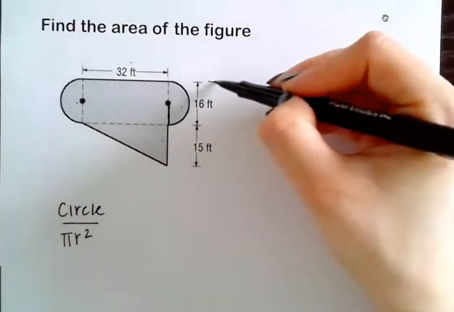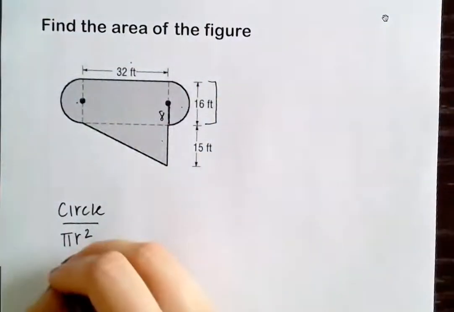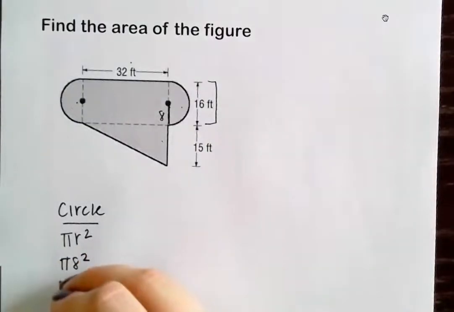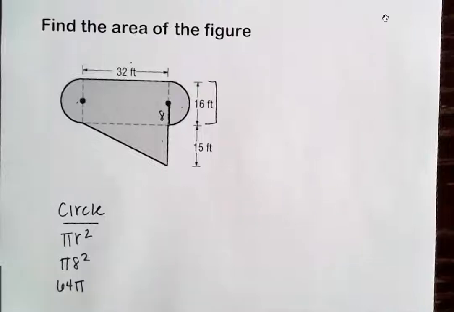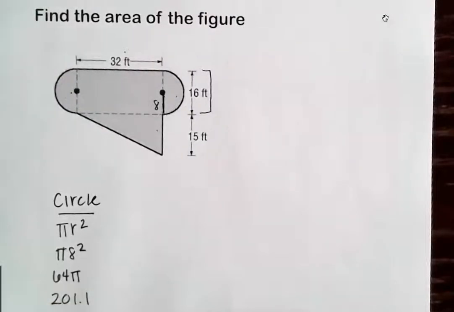So if this whole thing is 16, my radius would be 8. So pi 8 squared. 8 squared is 64 times pi. All right, 64 pi is approximately 201.1. We'll round to just one decimal place.